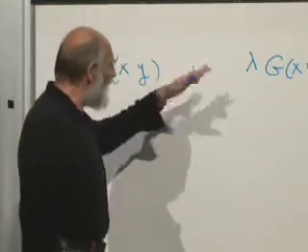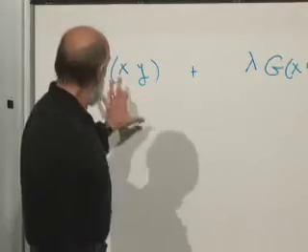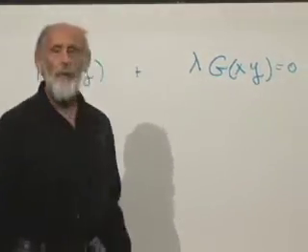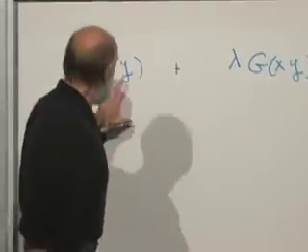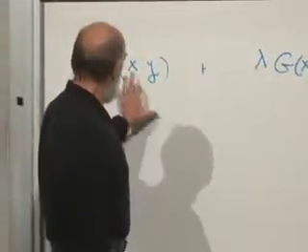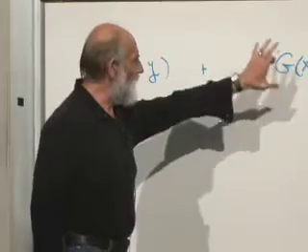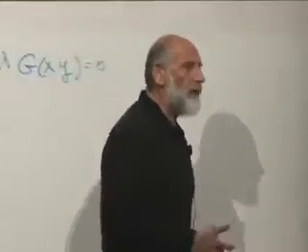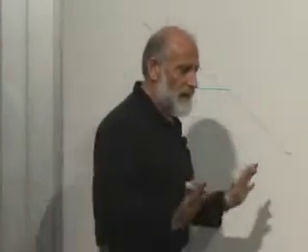But we have a new thing, which is f plus lambda g. And then what we do is we just minimize f plus lambda g with respect to x and y, ignoring the constraint. Forget the constraint and just think of this new object and minimize it with respect to x and y.